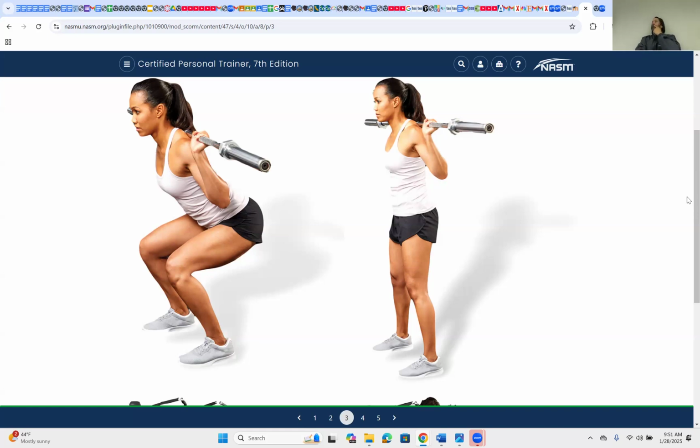What's moving in the deadlift? There's something moving in the deadlift. So if we're doing a deadlift, the squat is here and the feet are closed, correct? The deadlift is here and we're standing up, right?